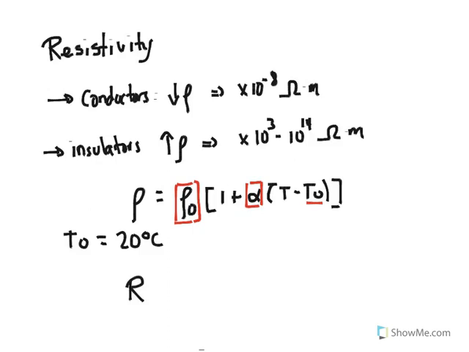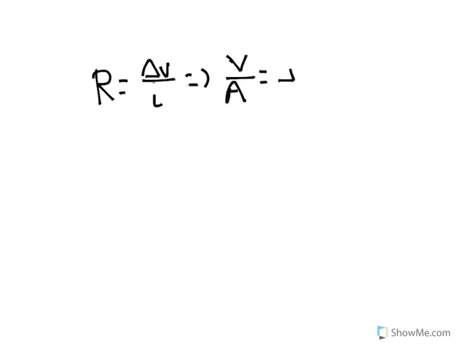It also applies that the resistance is equal to the original resistance times 1 plus alpha times the difference in temperature. And it is also very important to understand that if the resistance is the ratio of voltage over current, then volts over ampere is called ohm, given with this Greek letter.